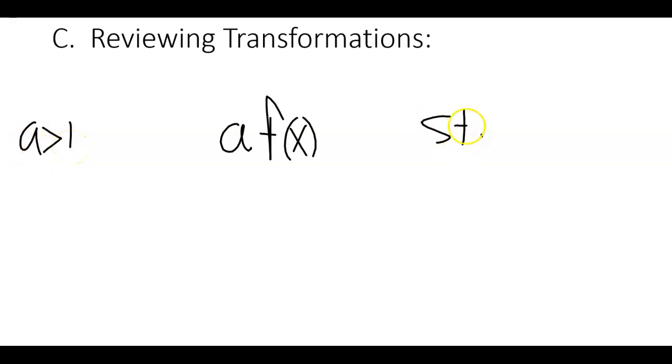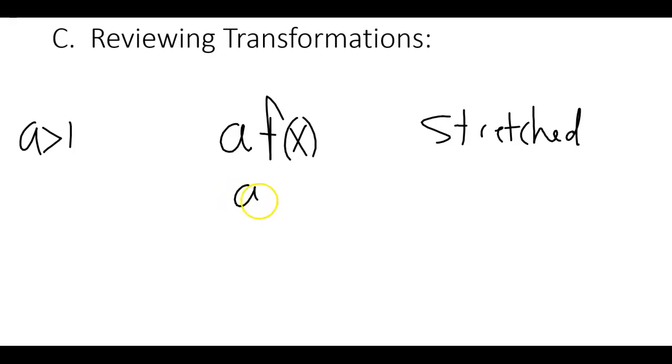Let's move along here. Let's review our transformations a little bit. It's been a while since we've done this, but if you have a function and you multiply it by a, and let's say a is a number that's bigger than 1, then what happens is your graph gets stretched. Okay?